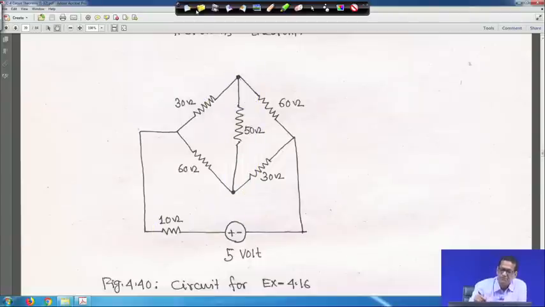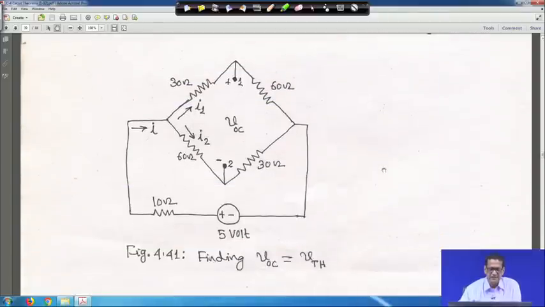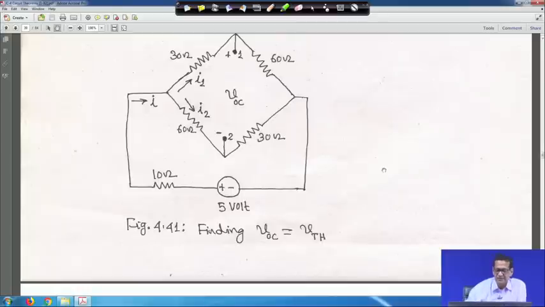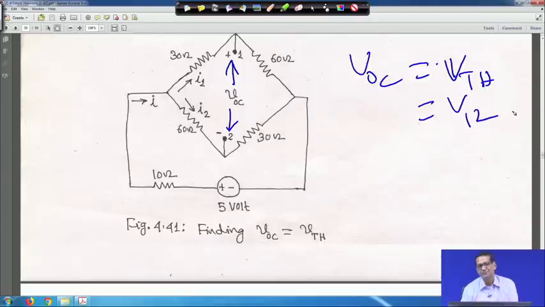So, if you open it, your circuit will be like this. In this case this voltage is your VOC. Every time I am telling, VOC is equal to V Thevenin, sometimes V12, same thing, right.